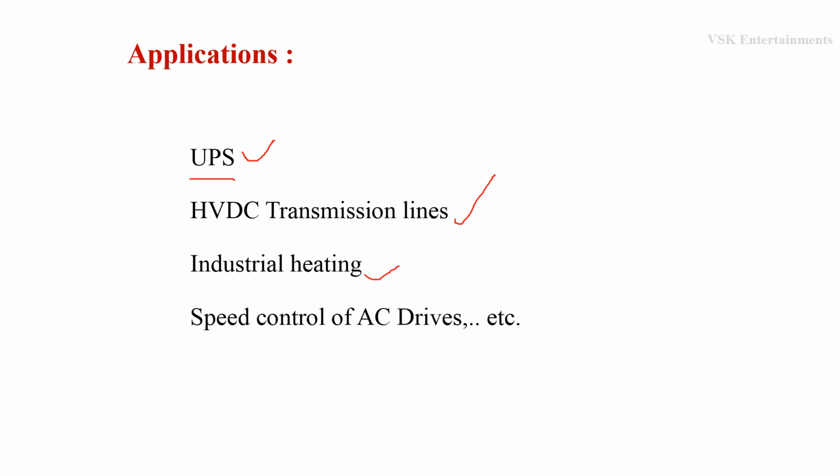And coming to the main application, that is the speed control of AC drives. In this we are going to use the inverters for controlling the AC drives. These are some of the main applications of inverters. We have so many applications, but these are the main applications of inverter circuits.